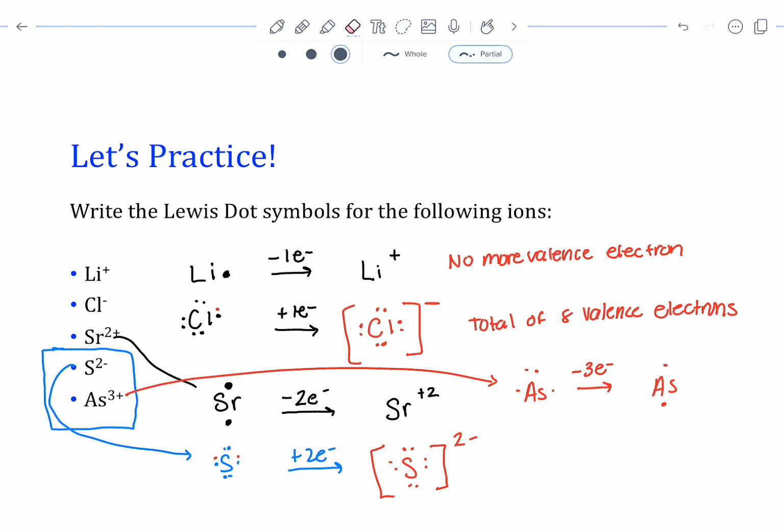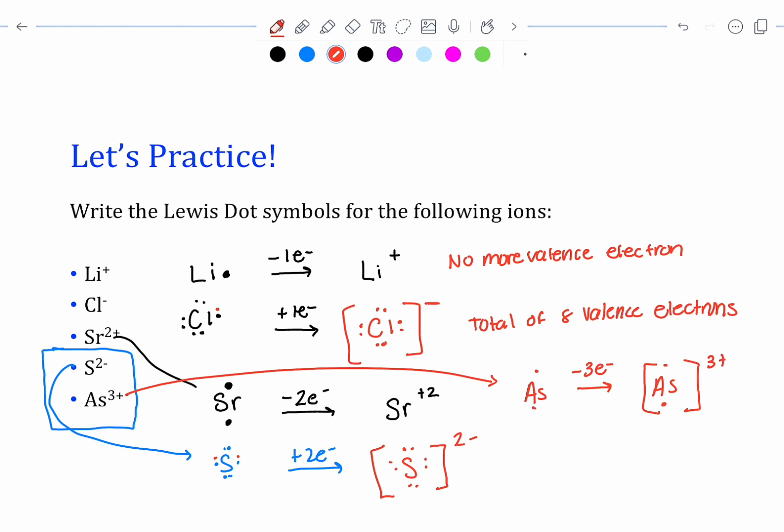We remove our paired up ones first. So I remove my 1 paired electron first, that's 1 electron, and then we do 2 and 3. That's how we get our 2 valence electrons there with arsenic 3+. So I would finish this off with a bracket and 3+.